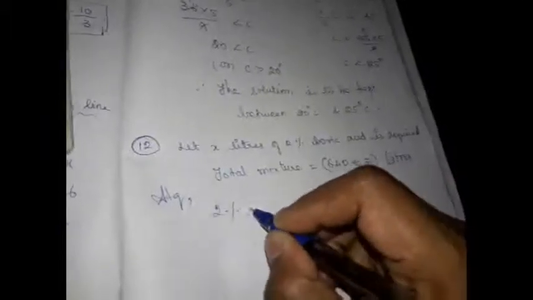Now according to the question, what is given? We need to add 2% of X to 8% of 640 liters.